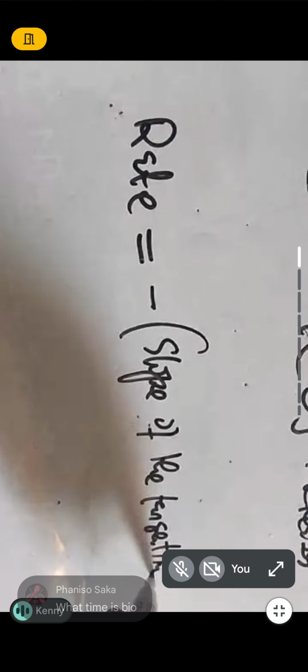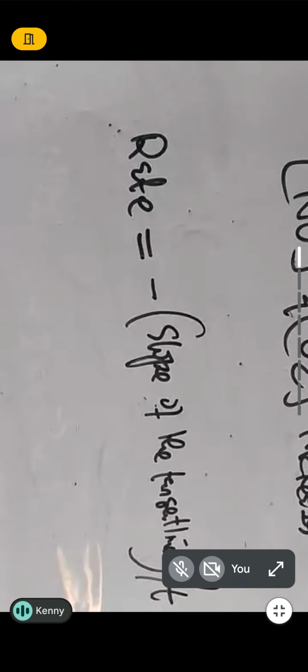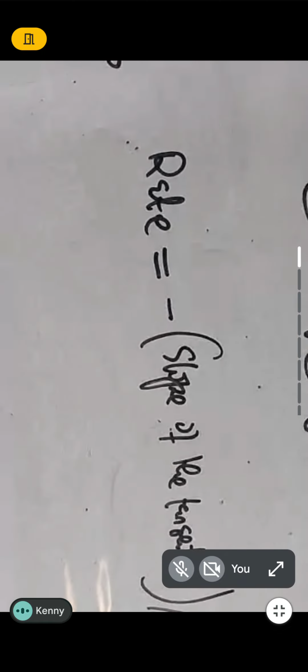Let me just write this. Rate is equal to negative slope of the tangent line over t. Okay? Rate is equal to negative slope of the tangent line over t.